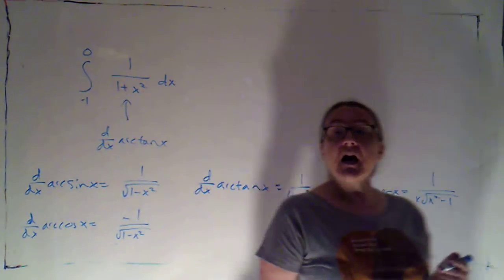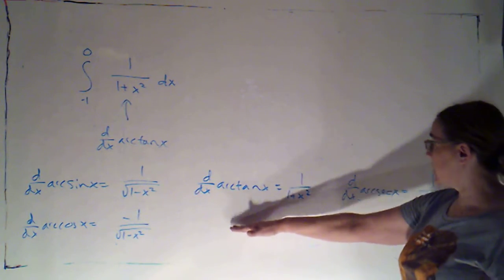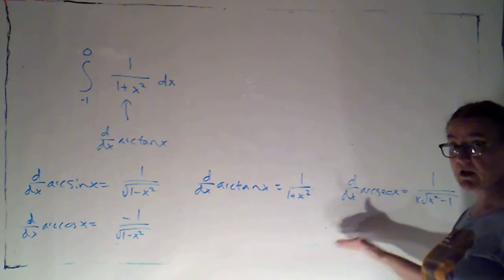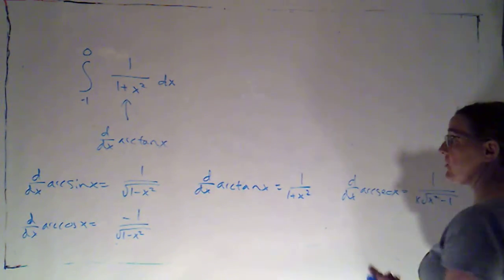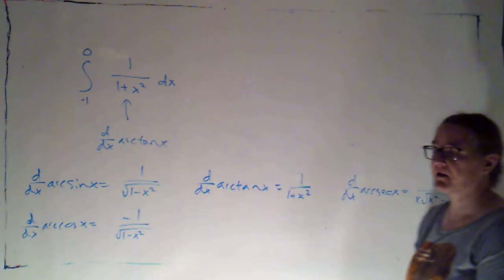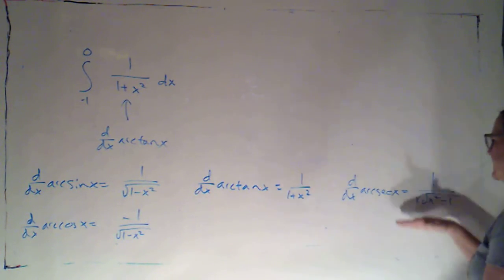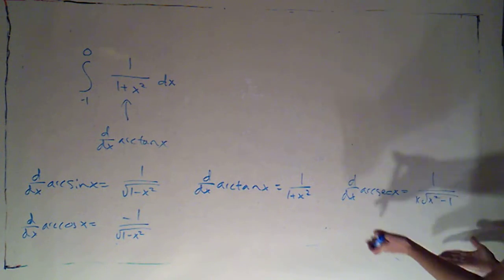Not super important to have memorized the formulas for the derivative of arc cotangent and arc cosecant. You should know how to derive them for all 6, but it turns out there's a similar relationship to what we have here, that the derivative of arc cotangent is just the opposite of this, and the derivative of arc cosecant is just the opposite of this.